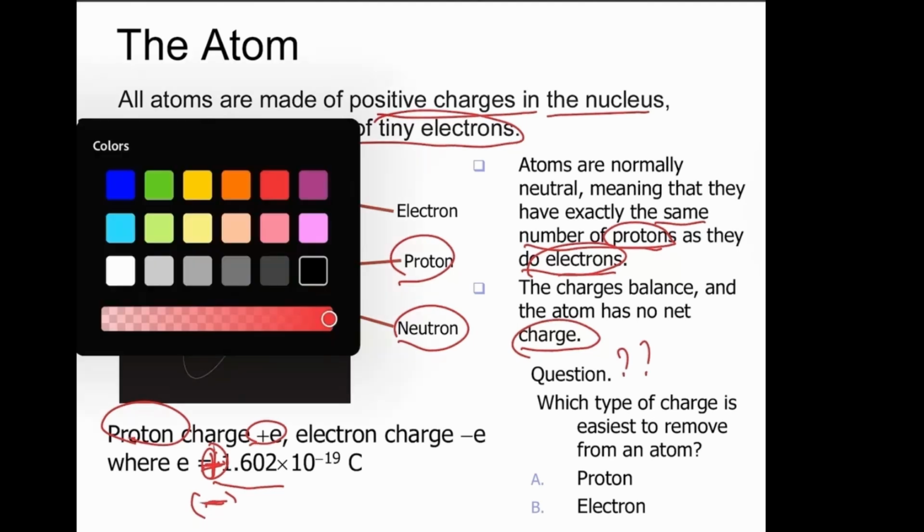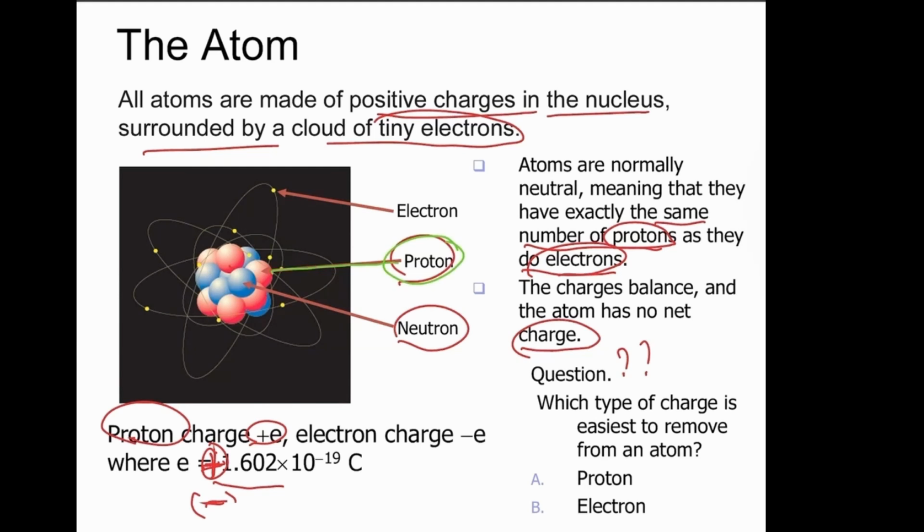You can see the proton is attached to the neutron, and the electron is surrounding it in its orbit. The answer is the electron, because the electron is far away from the nucleus, so it is easier to remove than the proton.